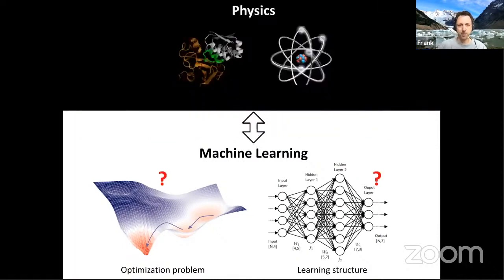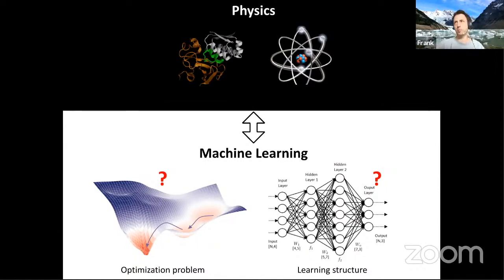We are very interested in solving machine learning problems in physics, or in other words, solving physics problems with new machine learning methods. In this case, the situation is a bit special because often the physics tells us what suitable choices are.